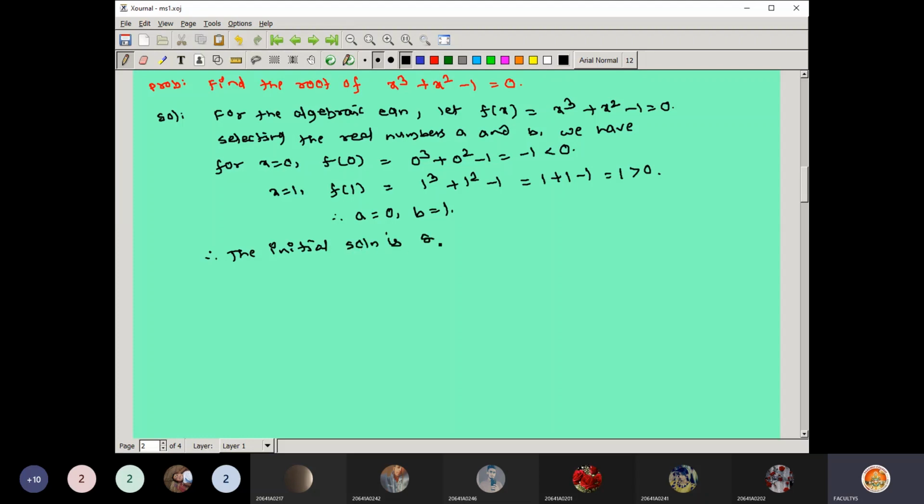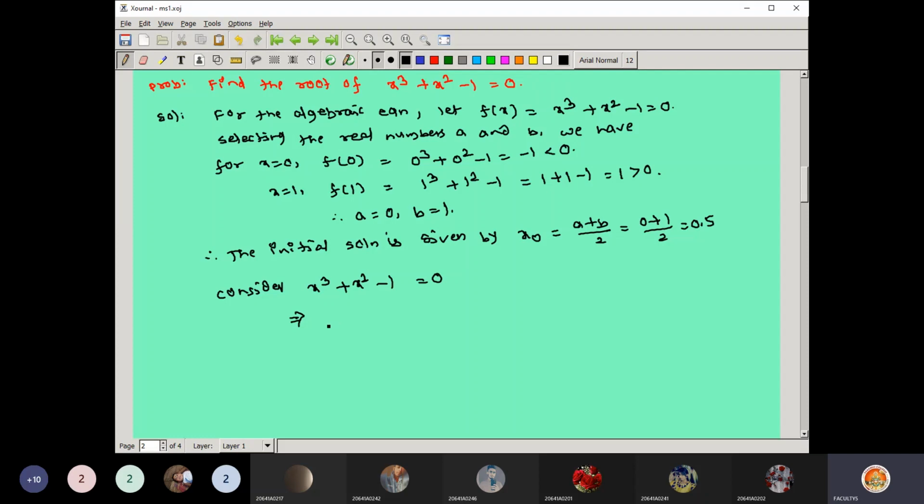So therefore the initial solution, only for the first time, you are calculating x naught, that is equal to a plus b divided by 2. So your a is 0, b is 1, divided by 2, answer is 0.5, only for the first time. Now you are taking the given equation, x cube plus x square minus 1 is equal to 0.